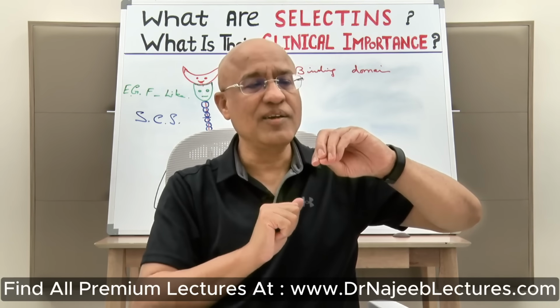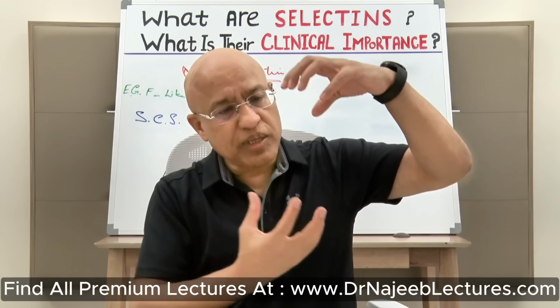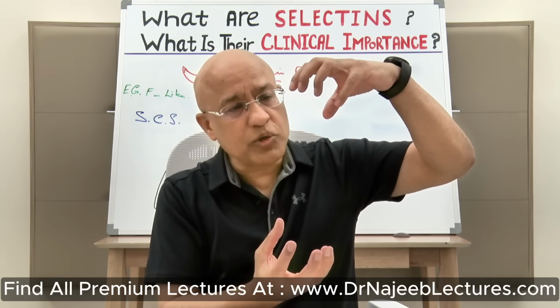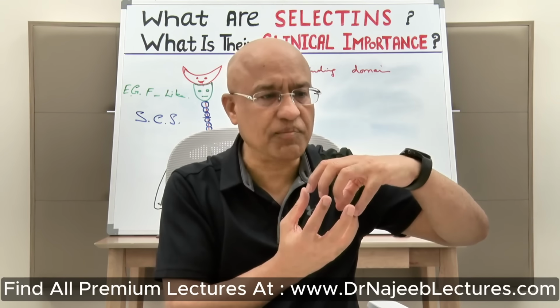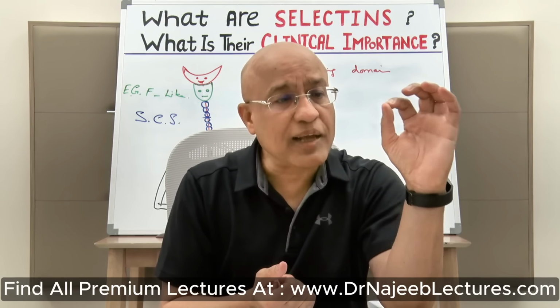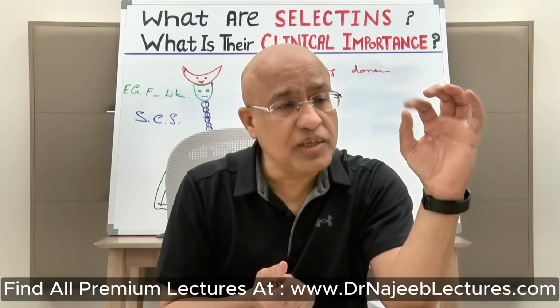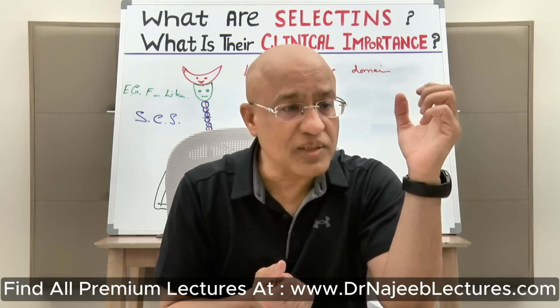So we say that when there are two cells, if they are going to stick with each other via the selectin system, then one cell should be expressing the selectins and the other cell should express the glycoprotein which is having some short saccharide chain. So we can say the other cell should be expressing oligosaccharide attached with glycoproteins, right?